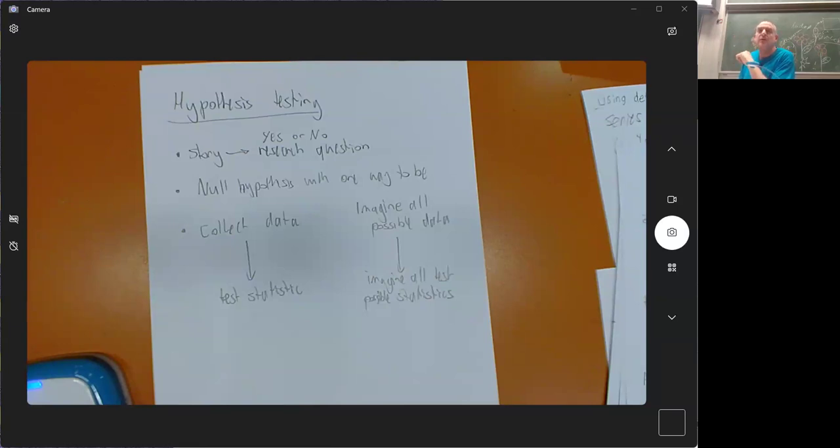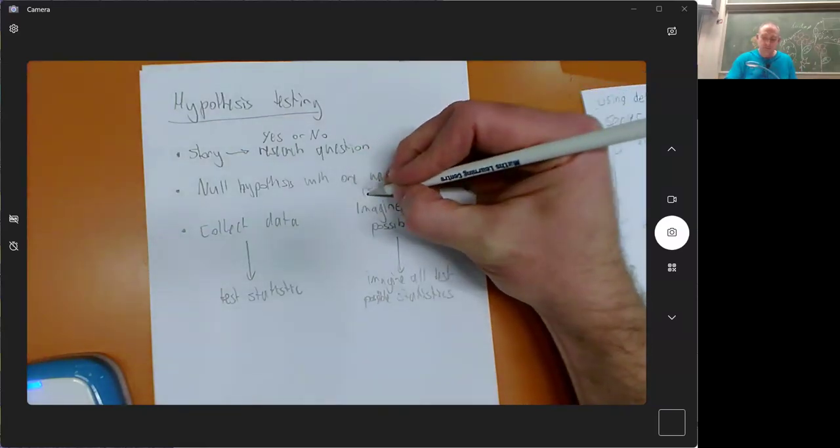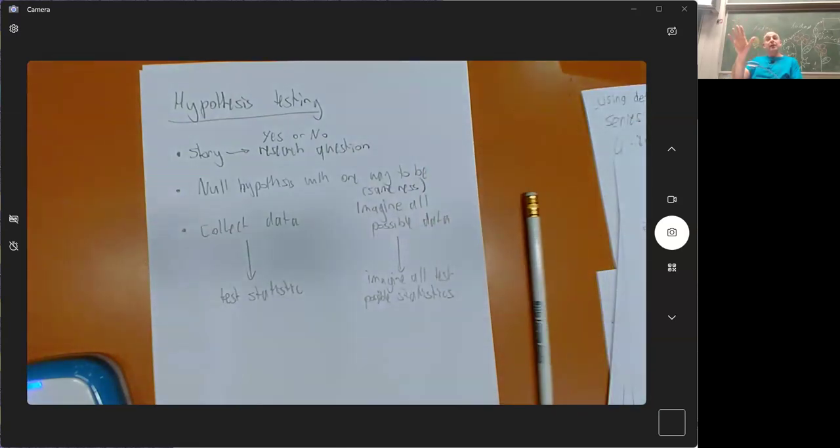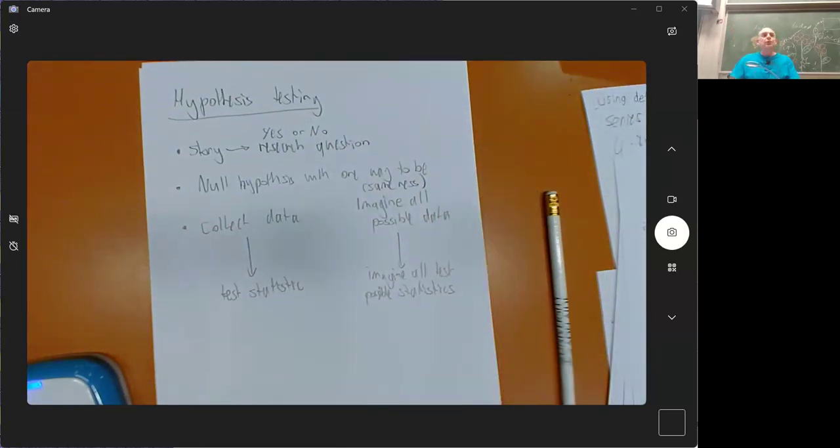That's how you choose a null hypothesis. It's the one that only has one way to be. And there's only one way to be the same. And there's lots of ways to be different. So it's generally about sameness. But I will say, if your question is, are these two things related?